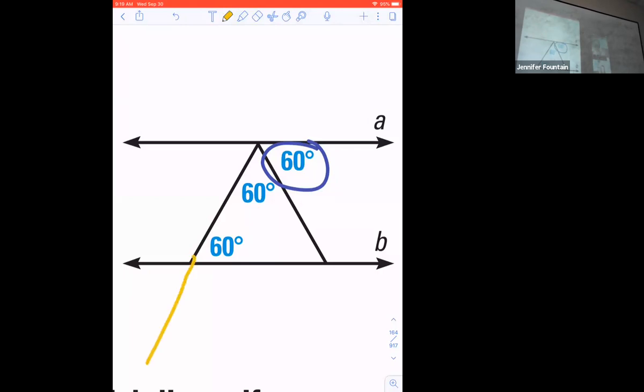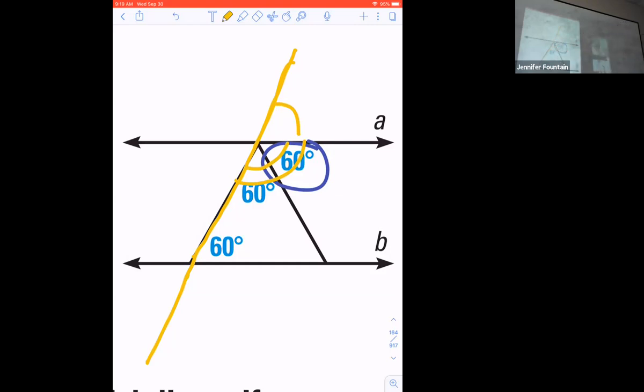Okay, so look at this. Basically, if I were to extend out this way, okay, if I were to extend and look at this line going this way, what would I know about this angle here and these two angles here? These would make a linear pair, right? So I would know that 60 plus 60 is 120.